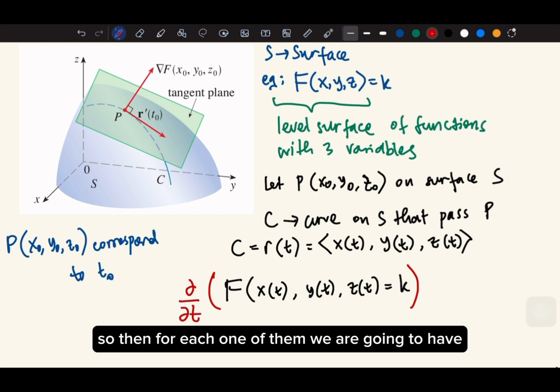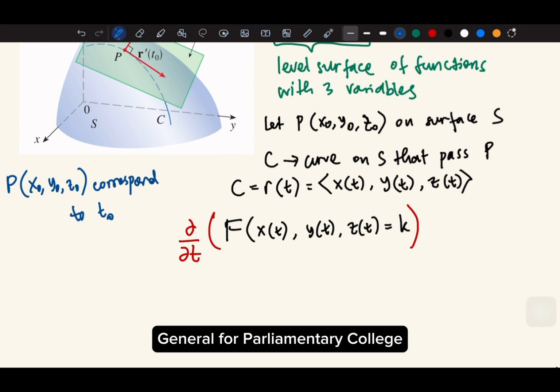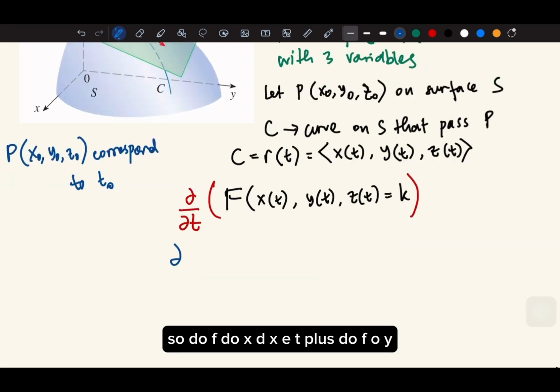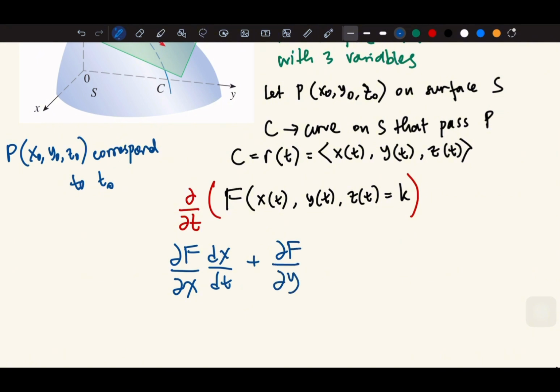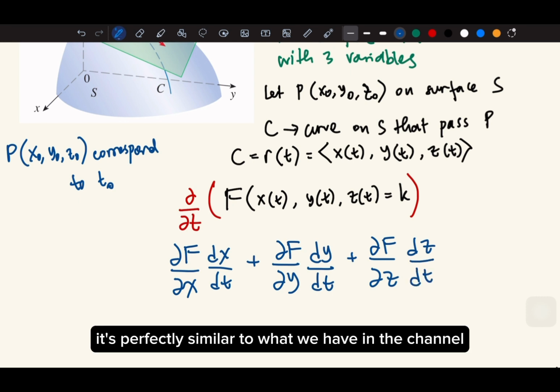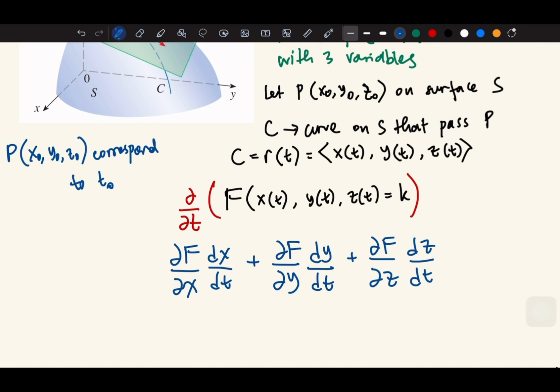For each one of them we get the chain rule for parametric functions: dou f dou x dx dt plus dou f dou y dy dt plus dou f dou z dz dt. It's perfectly similar to what we have in the chain rule. If you remember, we need to draw the tree. We start from f, which branches into 3, x, y, z, and then each one goes to t. And this equals 0.